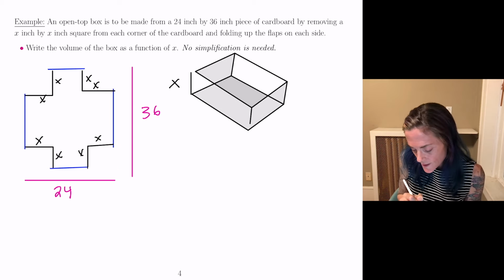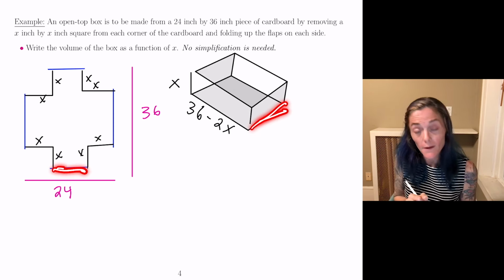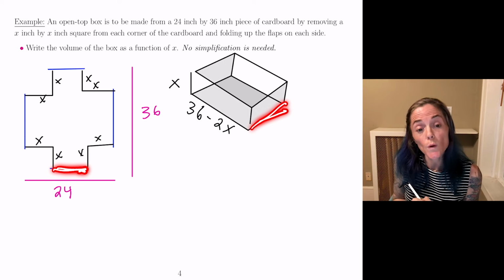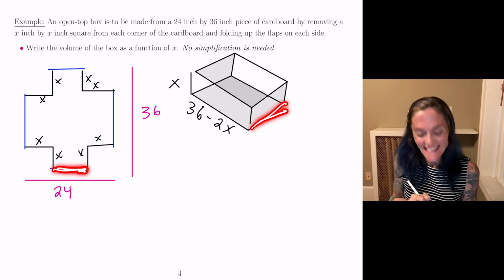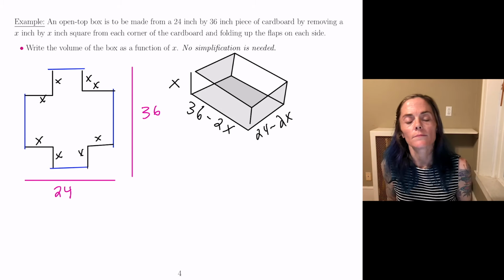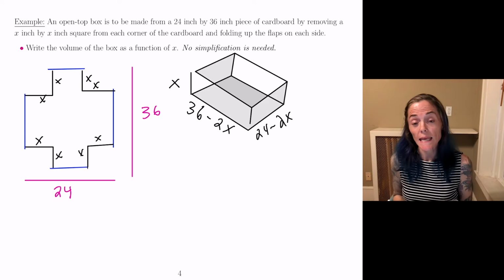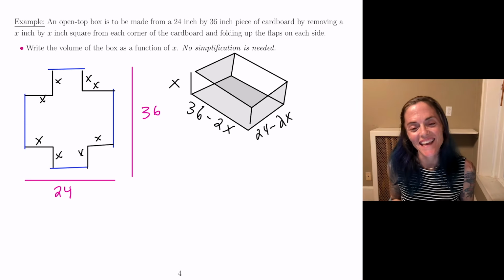So here we have 36 minus 2x. And then we have this length, which is here. This length is 24 minus 2x. Now, that was the hard part of the problem. And it wasn't easy, but that's why we're going over this together.